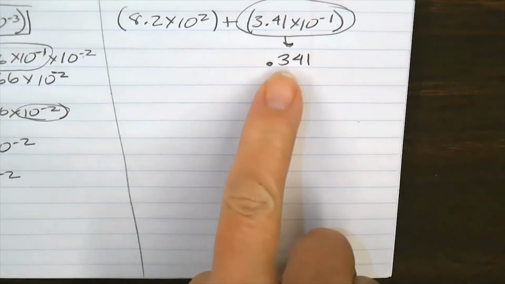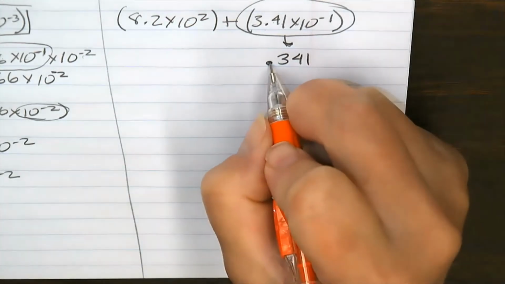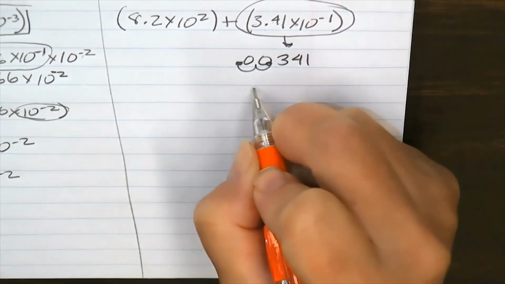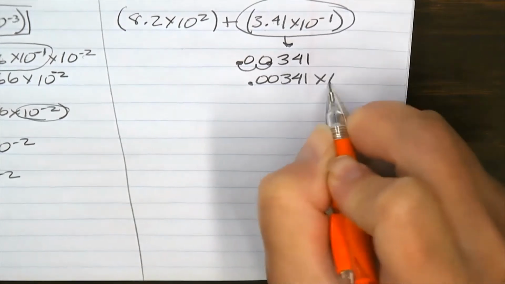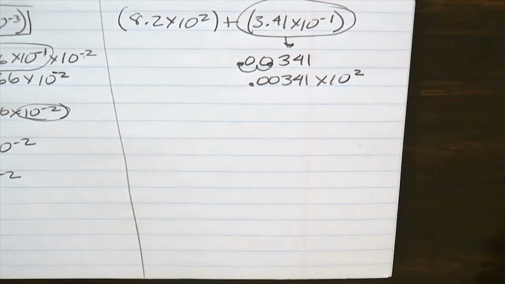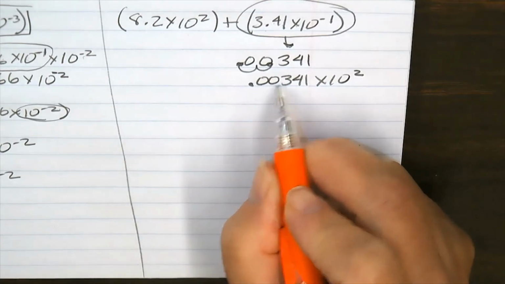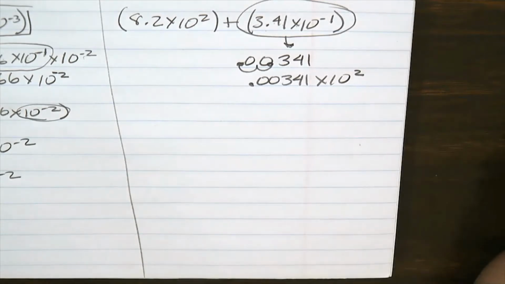Now we need to work this number so that we have a 10 to the 2. So I want to move my decimal point to the left 2. So I now have 0.00341 times 10 to the positive 2. Because if I multiply this by the positive 2, my decimal point comes to the right 2, and I end up with my original number.